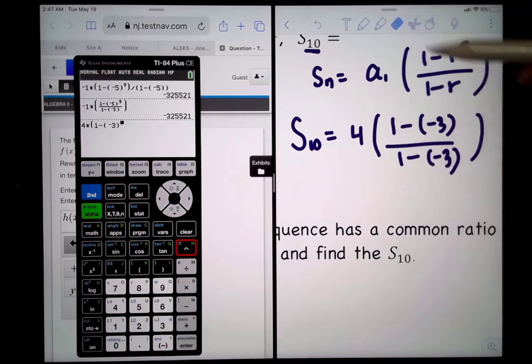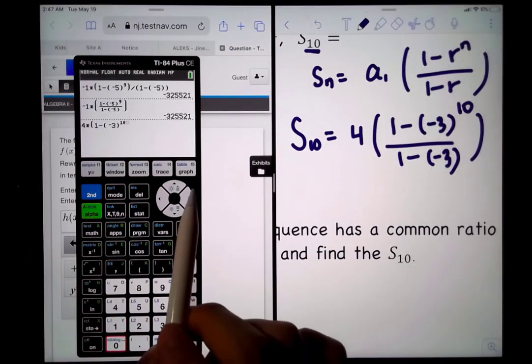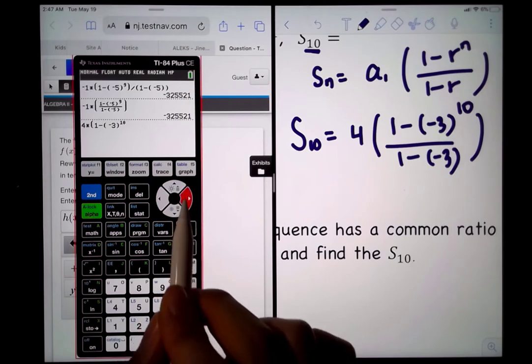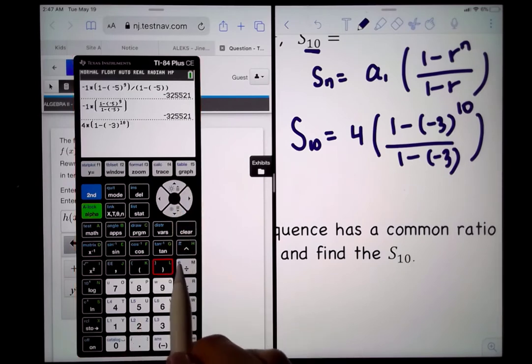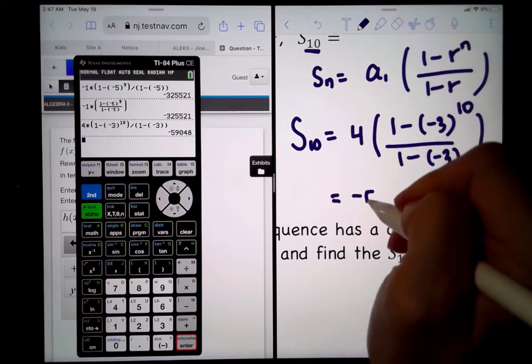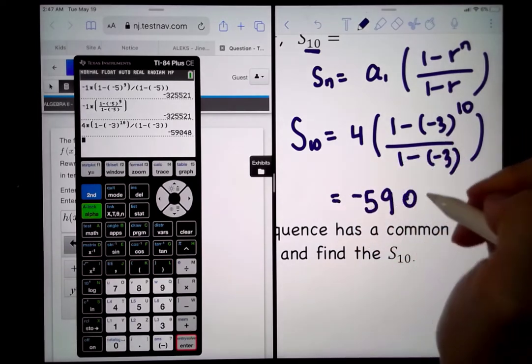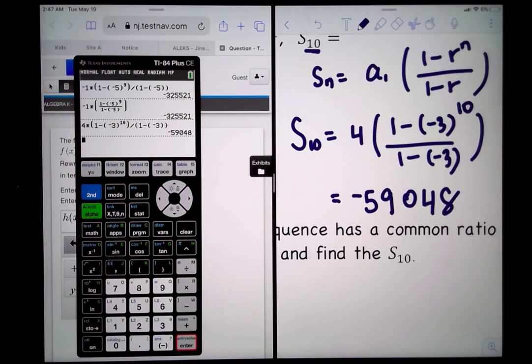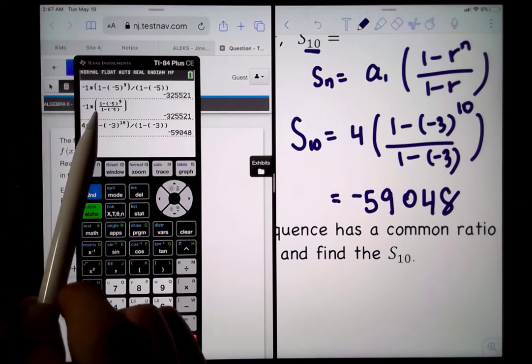This is 10, because our term number is 10 to the 10 power, close, divided by open 1 minus negative 3, like this. Alright, then you get negative 59048. That's the answer.